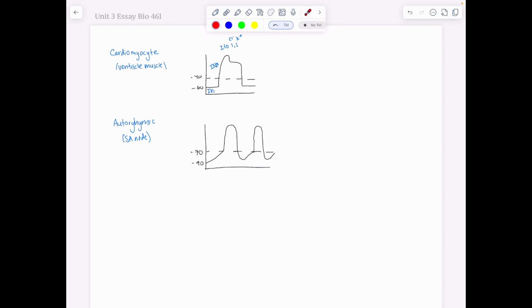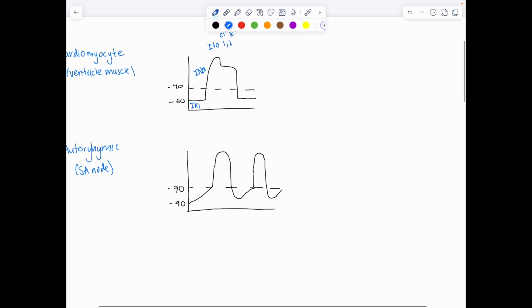And then we get to this very unique part of this action potential, what we call the plateau phase. And that is due to 4 different channels being opened. And so we have our ICaL. There are 2 different types of calcium, L-type and T-type.